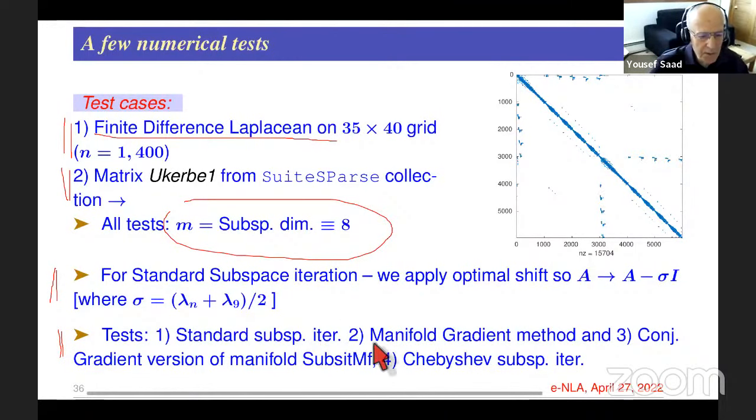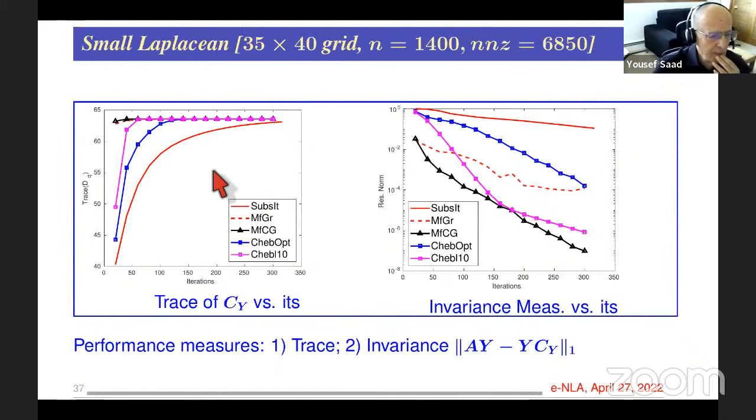So I'm going to compare this method, and I'm going to probably comment on them here. Let's look at what's shown on the left side here. On the left side, it shows only the progress of the trace as the iterations progress. So I'm using the gradient or whatever subspace iteration and looking at the trace of this 4x4 matrix, or 8x8 matrix in this case. I look at this for subspace iteration.